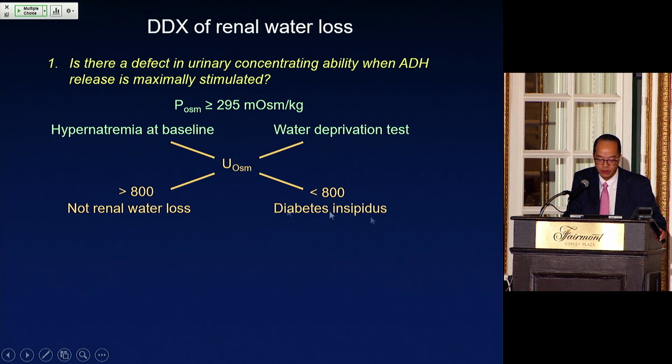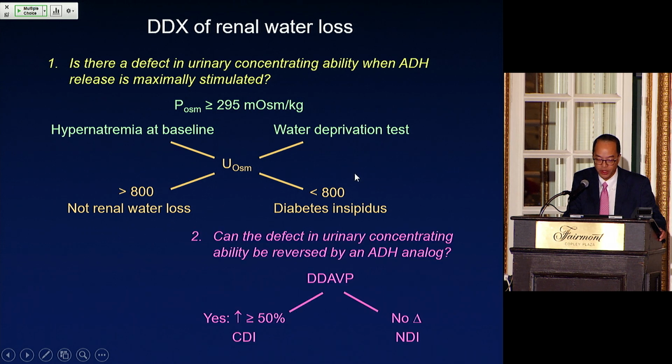That's not terribly interesting. But if it's less than 800, then they presumably have diabetes insipidus, and the next question is, is it central or nephrogenic? That rests on whether you can reverse the concentrating defect by giving additional exogenous ADH. If you give DDAVP and they do respond by concentrating their urine, then they have central DI.